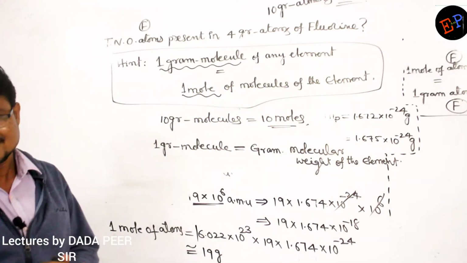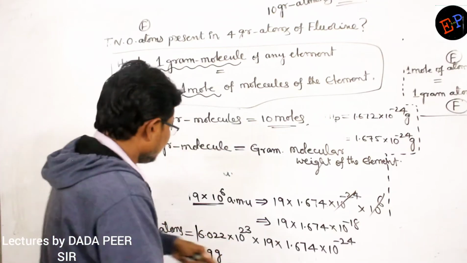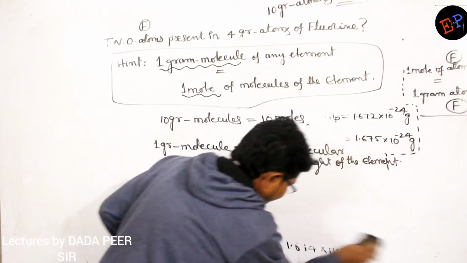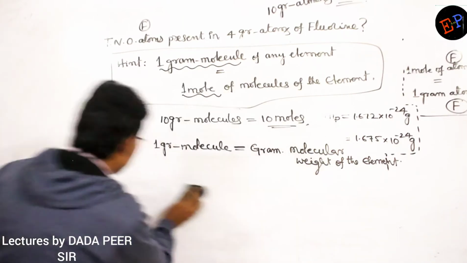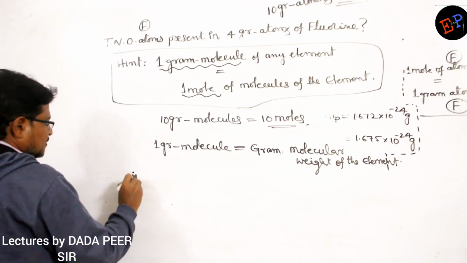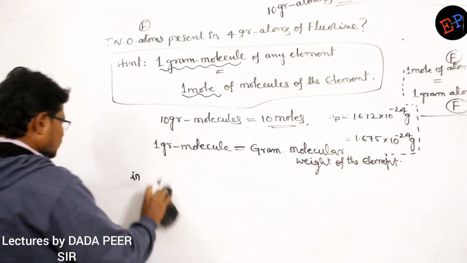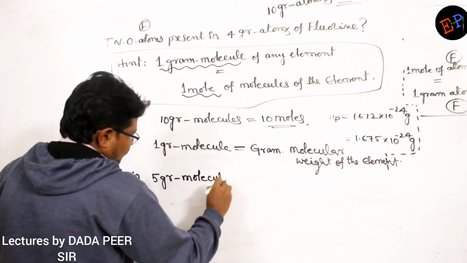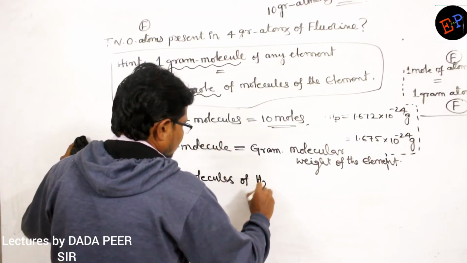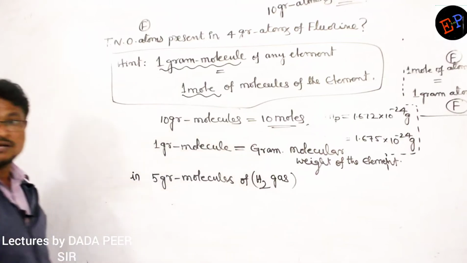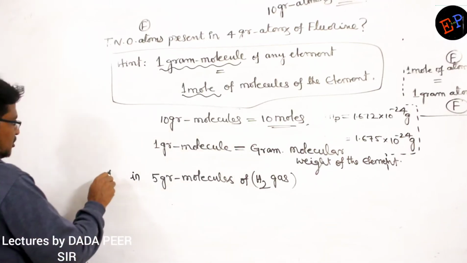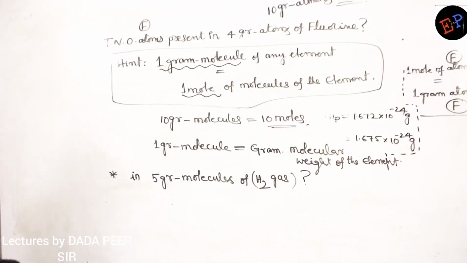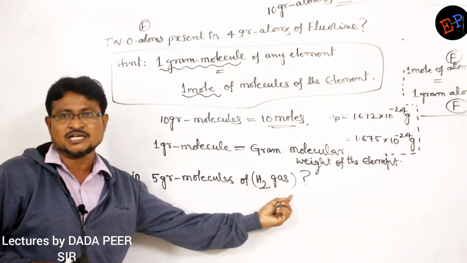Calculate the total number of atoms present in 5 gram molecules of H2 gas. See, this is the question.